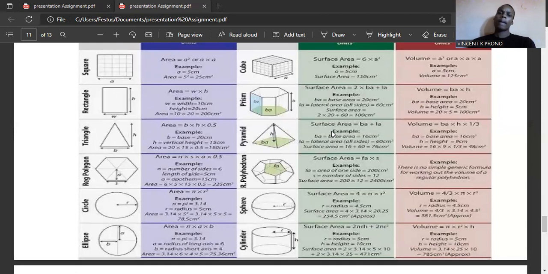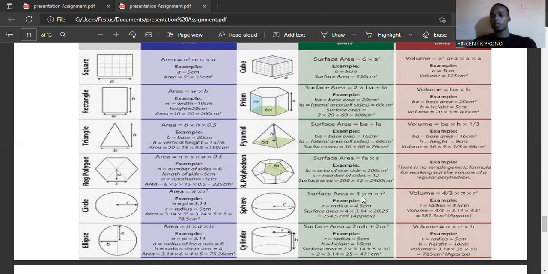Okay, another object we can look at is a sphere. Okay, a sphere looks like a globe, right? It's somehow circular. Okay, and the formula for finding the volume of a sphere is 4/3 pi r cubed. And we have our radius, that's 4.5.